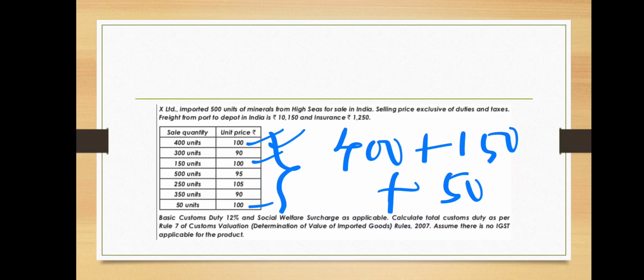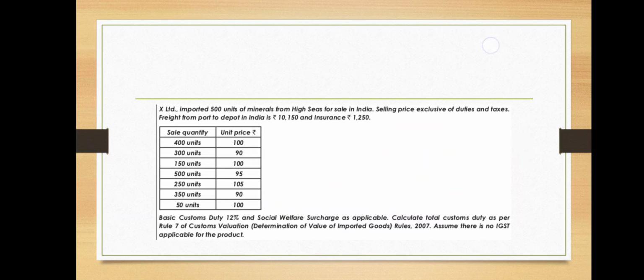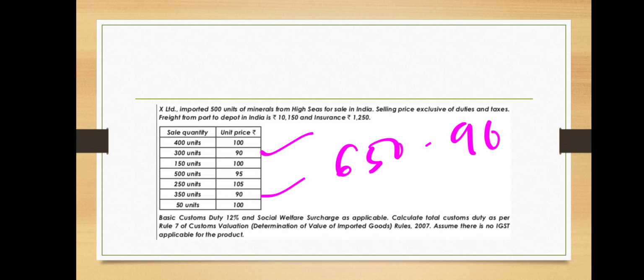Same for 90. Look at the problem. For 90, 300 units and 350 units, so total 650 units for the 90 unit price. Same way for 95, that is 500 units.